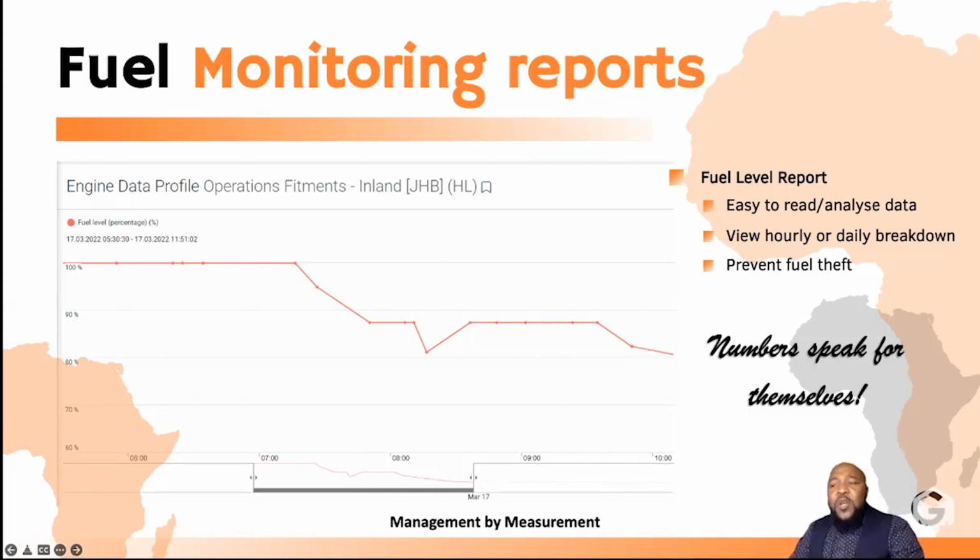So in conclusion, ladies and gentlemen, we can see how important it is to have a proper fuel management process in place. While fuel is the biggest expense in running a fleet, the cost of fuel keeps rising and rising.